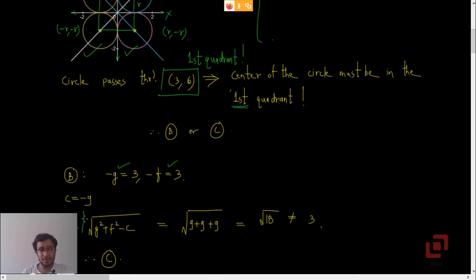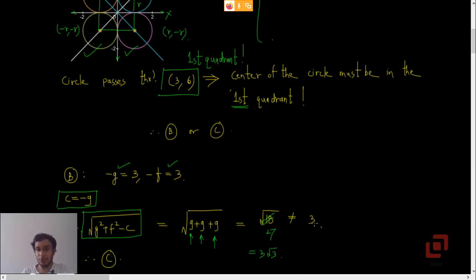The radius of the circle is root of g squared plus f squared minus c. So g squared is 9, f squared is 9, and the formula says minus c, but c itself is negative 9 in option B. So it is going to be 9 plus 9 plus 9. Yes. So this will be equal to 27, not 18, sorry. And root of 27 is equal to 3 root 3.